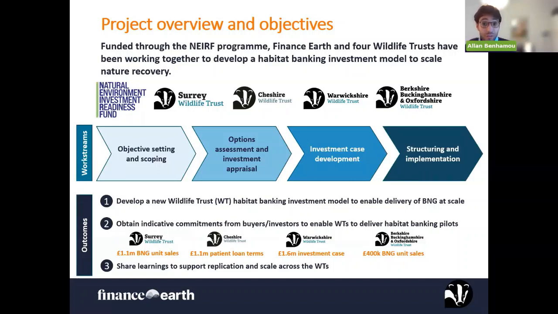We've been working for, I think, the past 18 months now, with 4 Wildlife Trusts to develop an investable business model to develop Habitat Banks ahead of the national legislation implementation on biodiversity net gain.